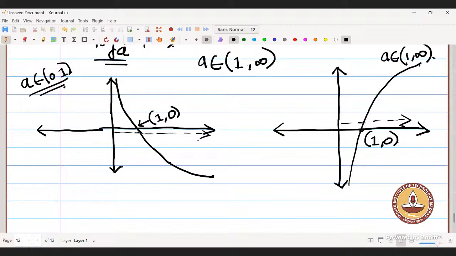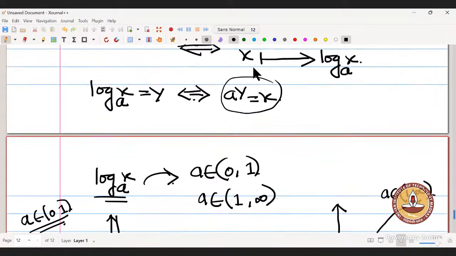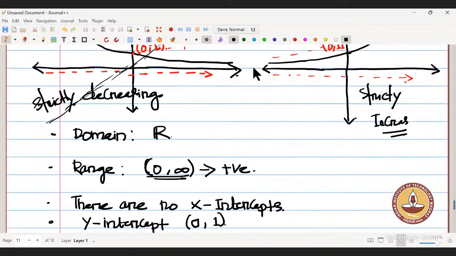And yes, so here there is no y-intercept. Here you have only the x-intercept, right? Correct or not? And similarly you have the asymptote. So here x equal to 0 is the asymptote, right? So here x will always be positive, no, sir? Yeah. So here the domain and range will reverse. So here the domain is what?